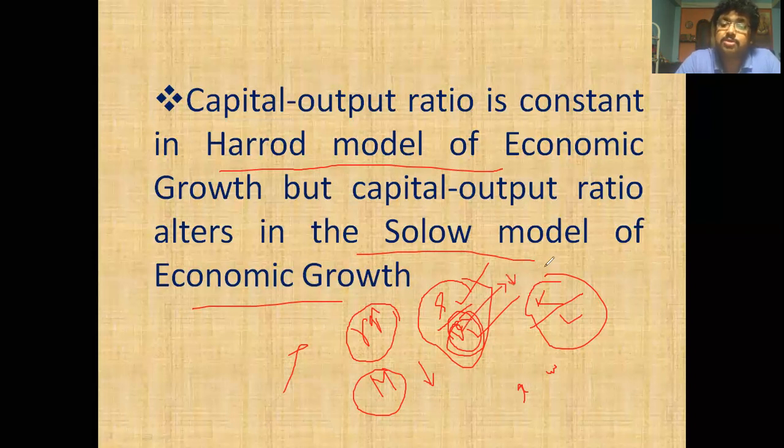And as a result of this, the warranted rate of growth will increase. So this is the way. If the real rate of interest falls, the opposite will happen. This is the fundamental difference between the Harrod model and the Solow model of economic growth: the capital output ratio is constant in the Harrod model, but in the Solow model it is flexible.